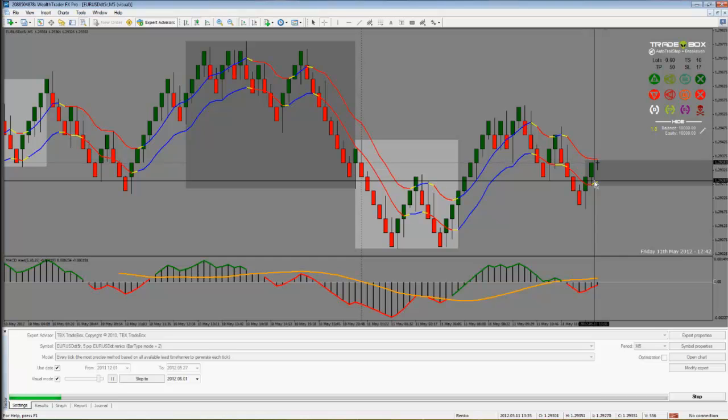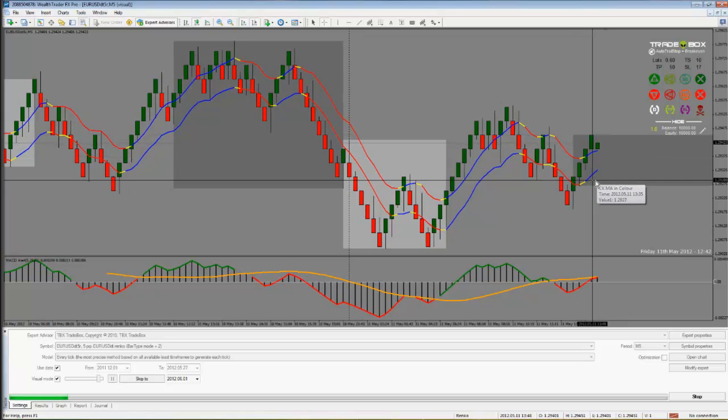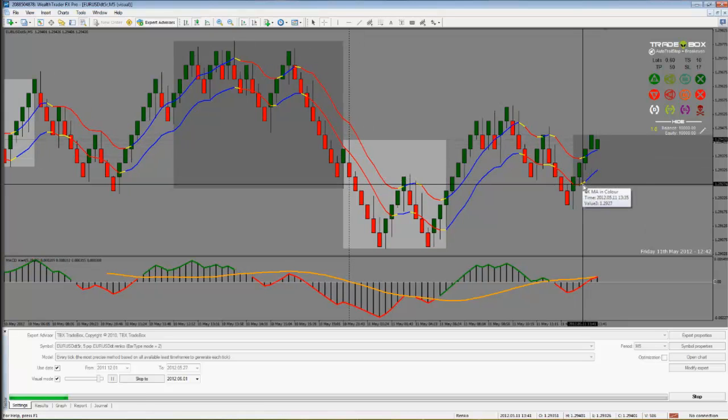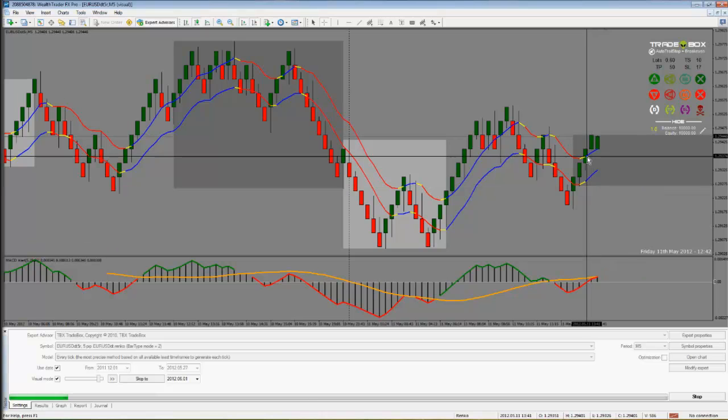I can't close partial positions though with the trade box, which is a pity, because what would normally happen is at 5 to 10 pips I'd close 60% of my position, and that's, guys, what's typical of Renko. We've just had a spike straight up, so I wouldn't be surprised with the US session coming in line here.